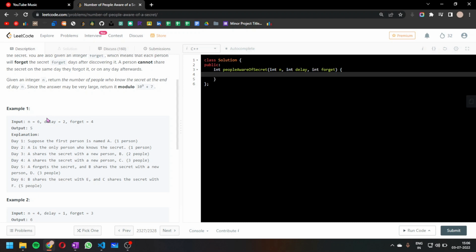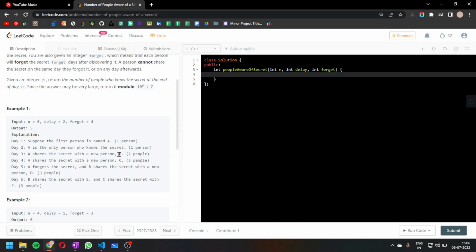On the first day only a person named A knows the secret, and on the second day that person cannot share the secret because we have been given a delay of two days. On the third day that person can share the secret, so that person shares it with one other person, because each day a single person can share the secret with another single person. So now 2 people know the secret.